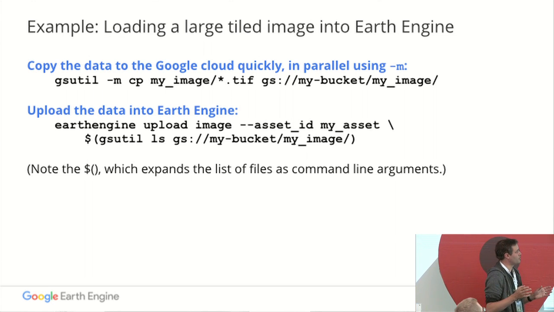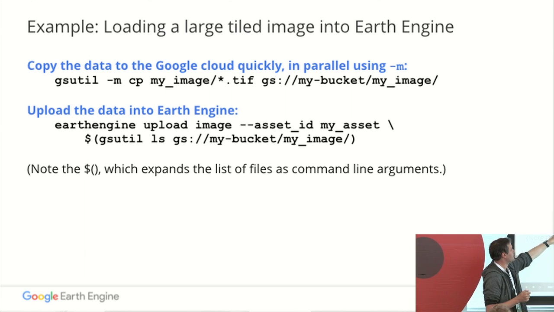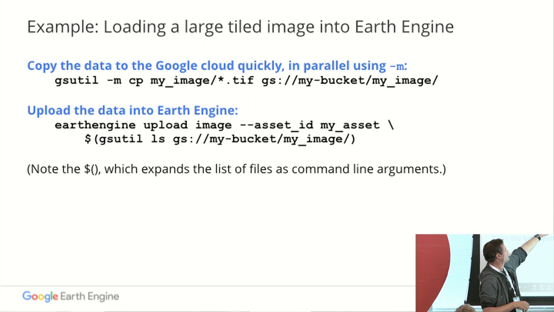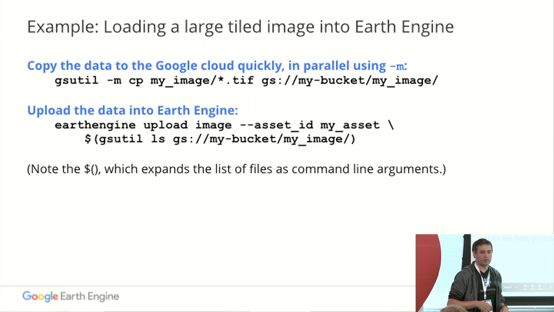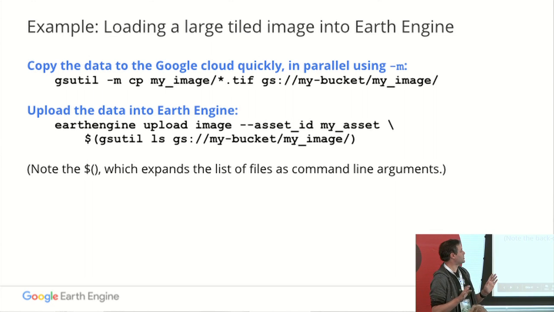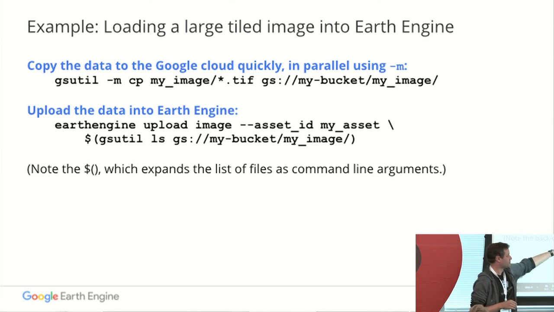And here we're actually doing this as a two-step dance. Here we're actually running the gsutil tool again to list all the images so that I can pass all of them in to the upload image command. And pro tip, if you aren't familiar with this trick, these are back quotes.